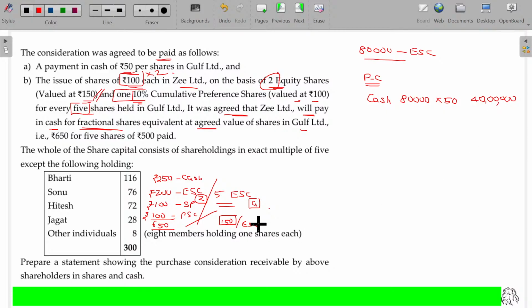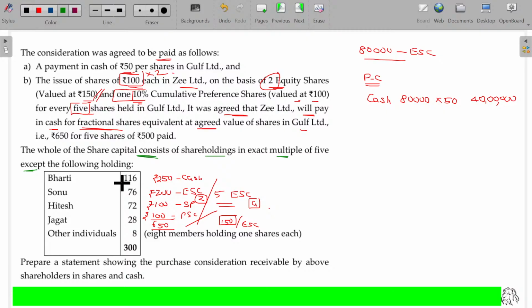These benefits are also offered. The whole of the share capital consists of shareholding in exact multiples of 5 except the following holders. So all the shareholders holding in exact multiples of 5 will definitely get 650 rupees worth of benefits by way of cash, equity shares as well as preference shares.